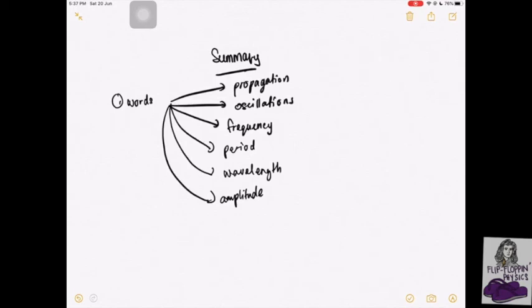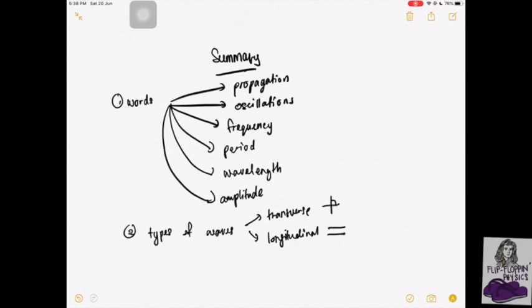So the second one, you've learned that there are two types of wave. You've got transverse and longitudinal. This one is perpendicular, this one is parallel. And the third one is two types of graph.